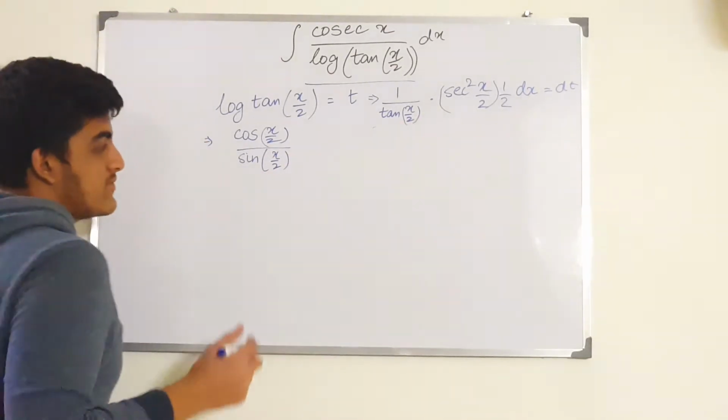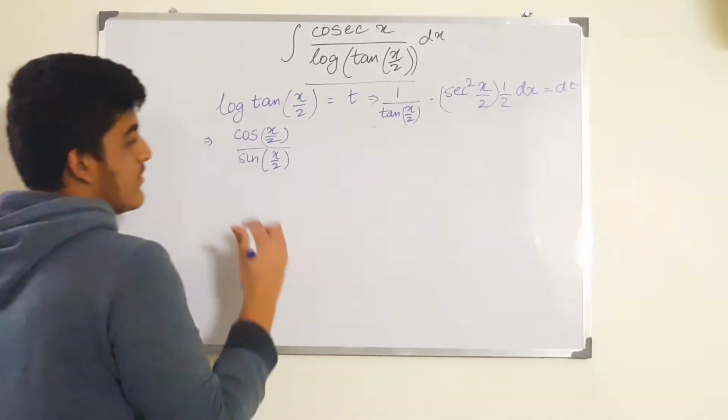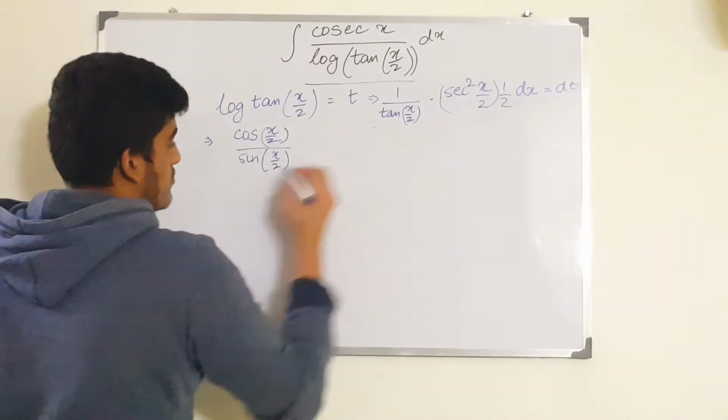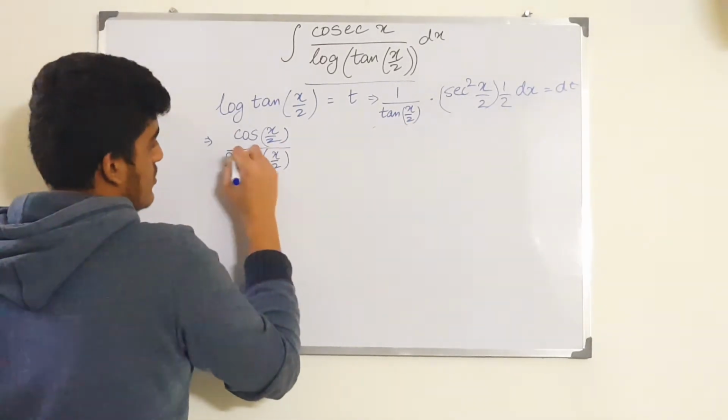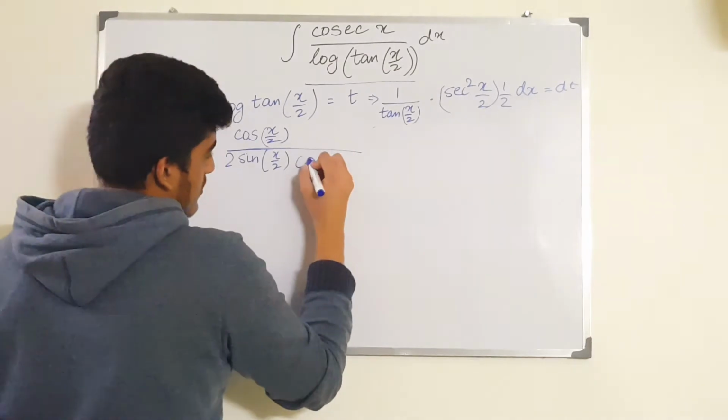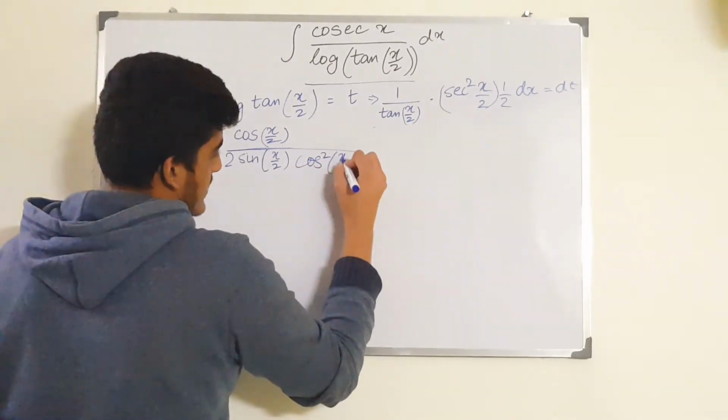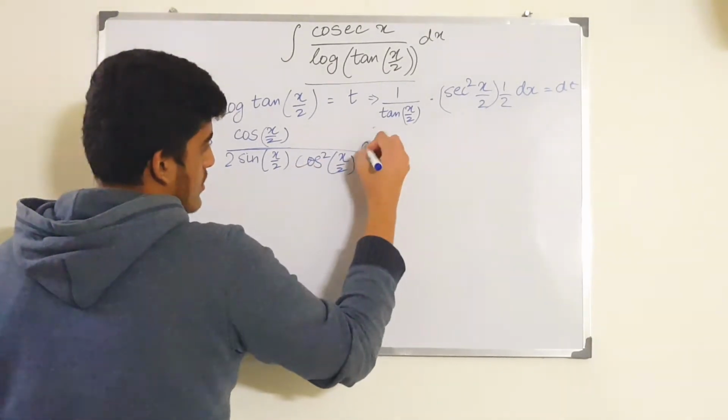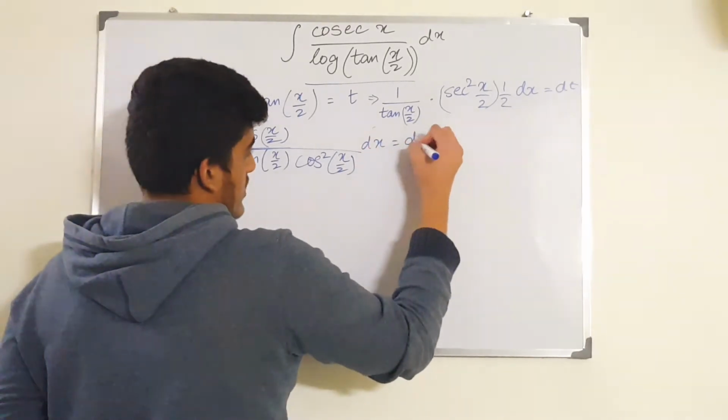And sec square x by 2 is 1 by cos square x by 2. And we have a 2 here, so we just put this 2 here, and cos square x by 2 dx is equal to dt.